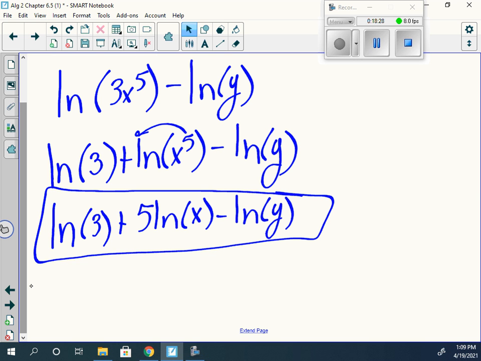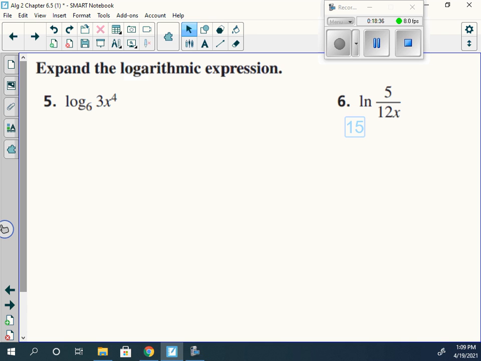Any other questions on this here? We feel good with this here? Yes? Let's look at number 6, because number 6 is a little bit different than what we've encountered so far. What makes it different than the last few? It's a fraction.